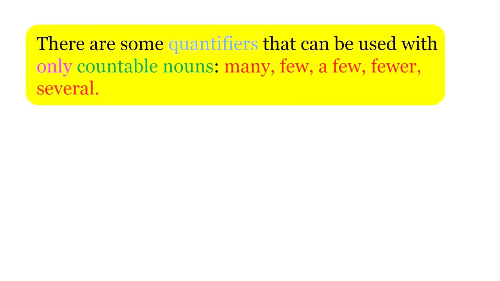There are some quantifiers that can be used with only countable nouns. For example, many, few, a few, fewer, and several. We cannot use these quantifiers with uncountable nouns. Let us take examples.